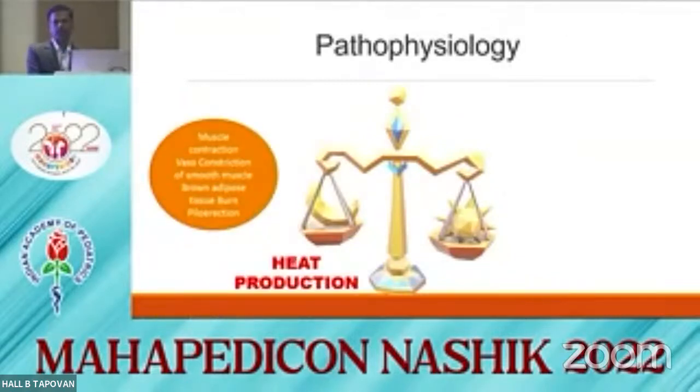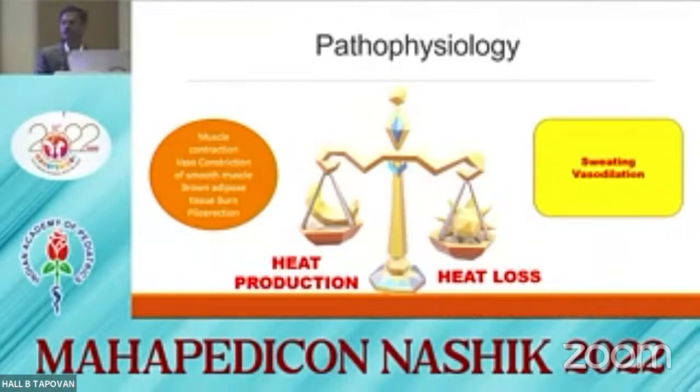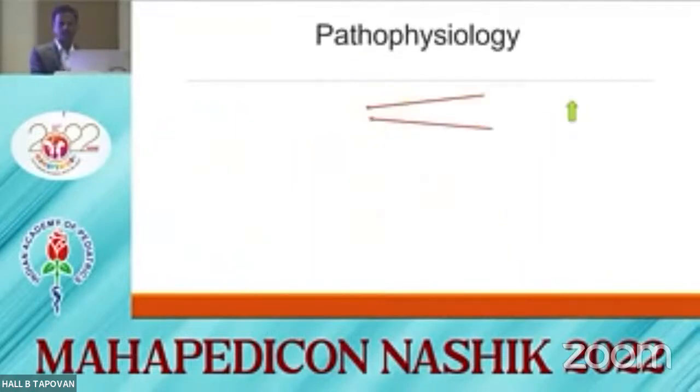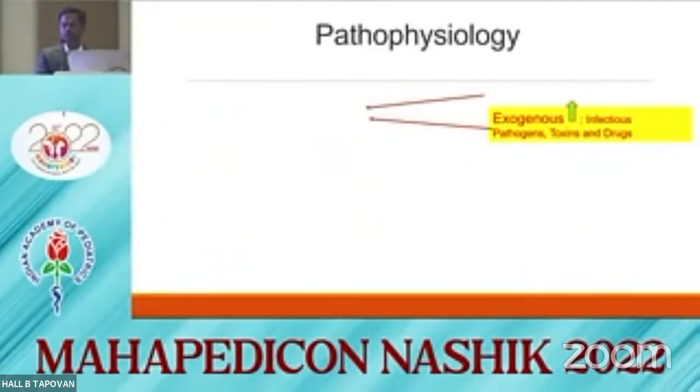Whether the patient has fever or not depends upon how much heat is produced and how much heat is lost, and there are different mechanisms causing this. There are exogenous pyrogens like infection, pathogen, toxin, drugs.